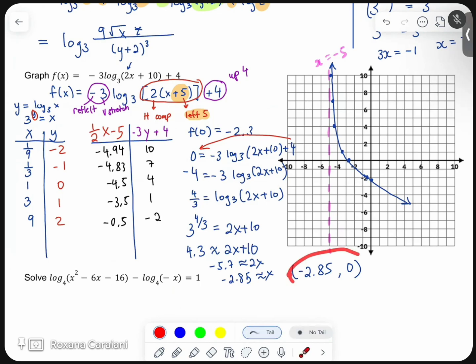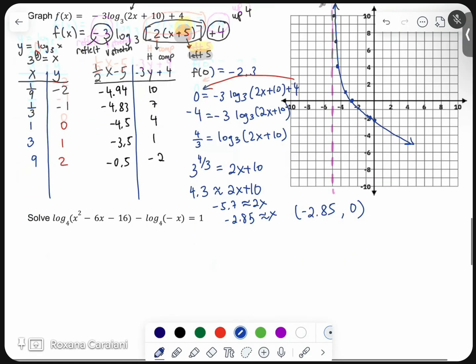And once you have your x-intercept, you can even talk about, well, here's my positive interval from negative 5, from the asymptote, to negative 2.85, and then I have a negative interval from negative 2.85 all the way to infinity. This function only has an interval of decrease. The domain is from negative 5 to infinity, whereas the range is infinite. Okay, so that is a pretty full question there.